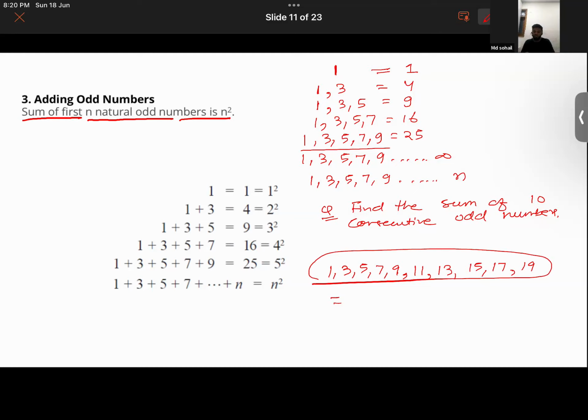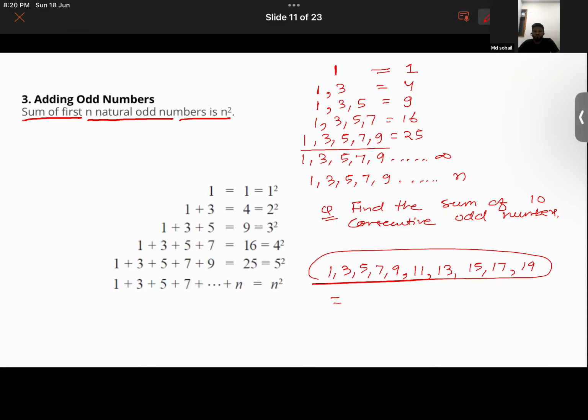Add it and quickly tell me what the value is. Yes, who got the answer?